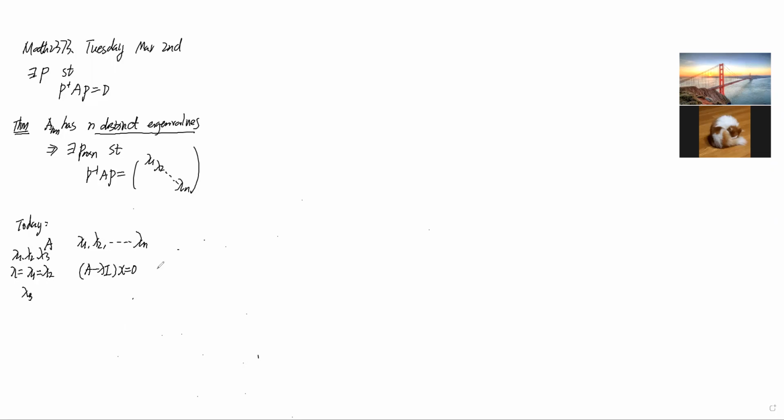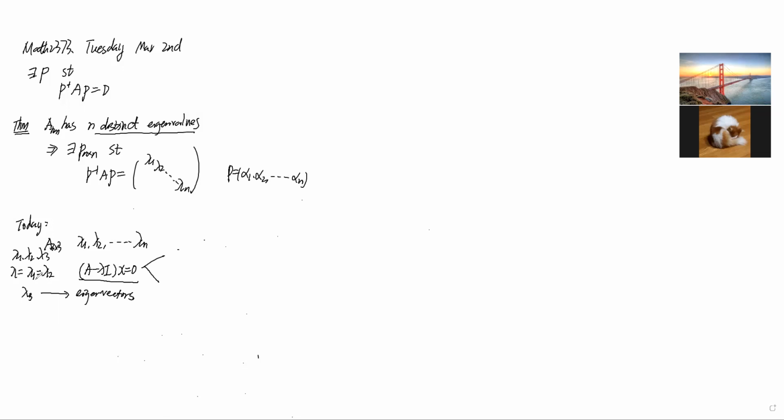So of course, for lambda 3, you can only solve one. We are talking about a 3 by 3 case. So you can always find one eigenvector. But the problem is this part. If for this part you can only find one eigenvector, it means that you cannot find enough vectors for P, because P is alpha 1, alpha 2, alpha n, the eigenvectors.